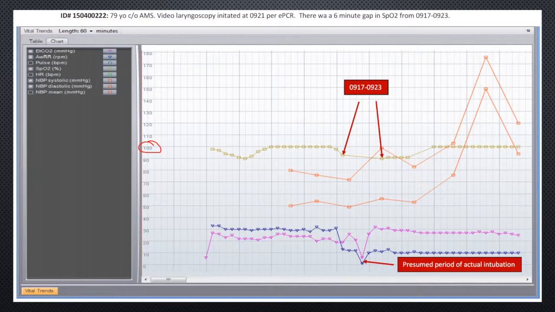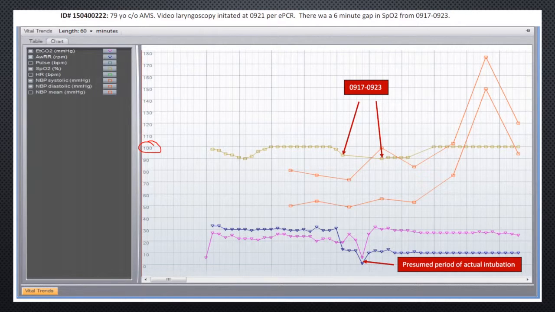This is systolic and diastolic blood pressure. Blue is heart rate, and then blue is respiratory rate. Normally we're going to have heart rate in green, but it's just turned off on this one. So this is our respiratory rate, this is our end-tidal CO2 level. You can see where the end-tidal CO2 and the respiratory rate drop off because that's where we intubate.